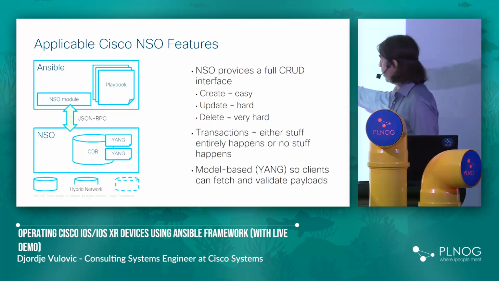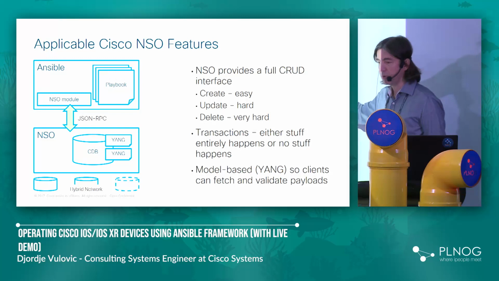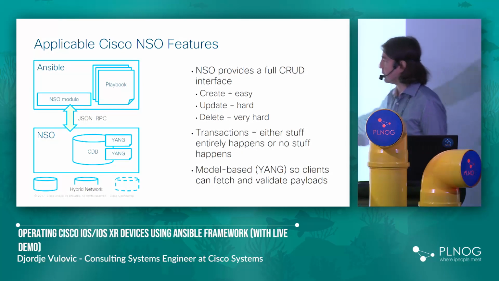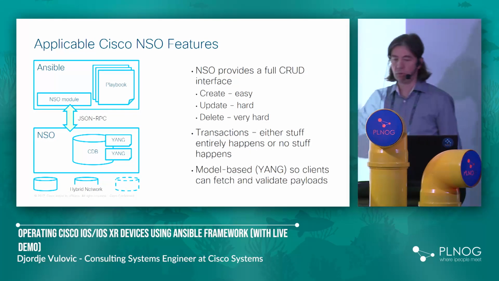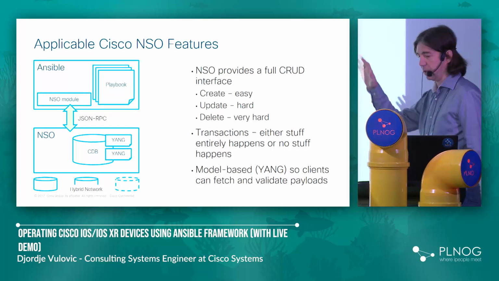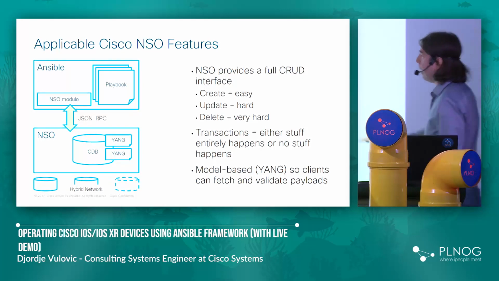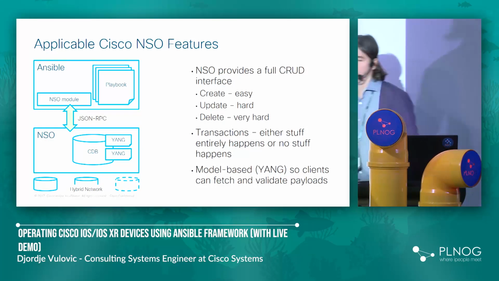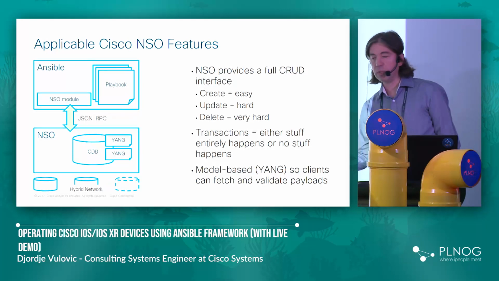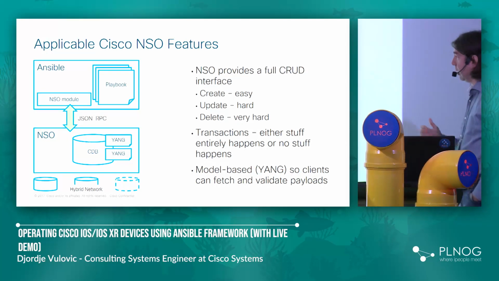NSO will give you full CRUD possibilities: when you create a network service, you just put the configuration that needs to be put on the device, like we did in the first step. And the update and delete configuration, what we did manually in the last step of the previous chapter, NSO does automatically.